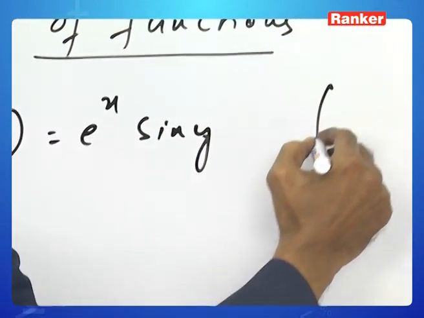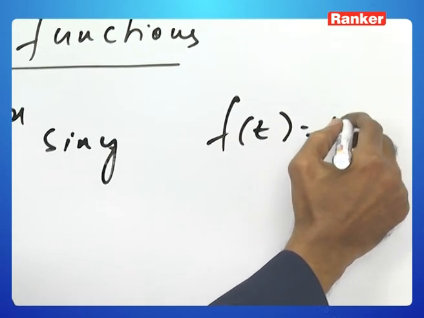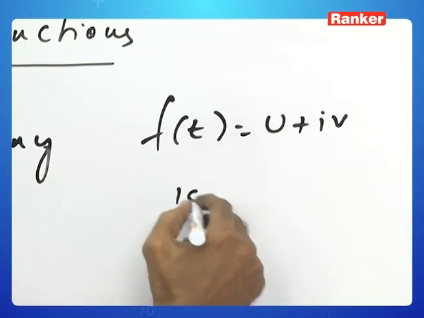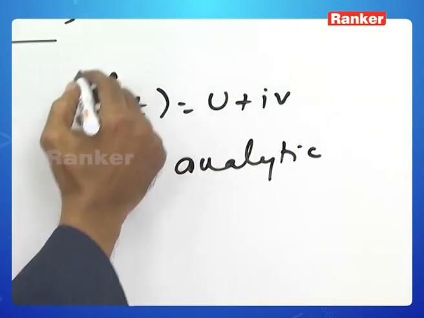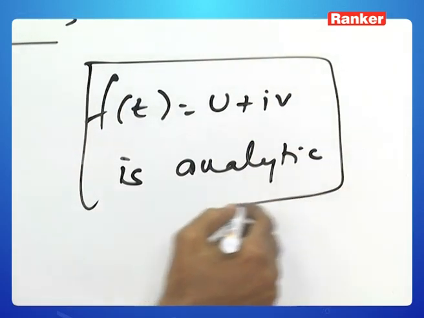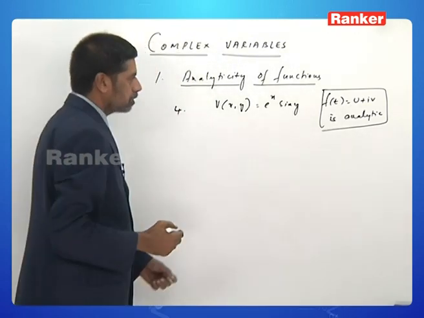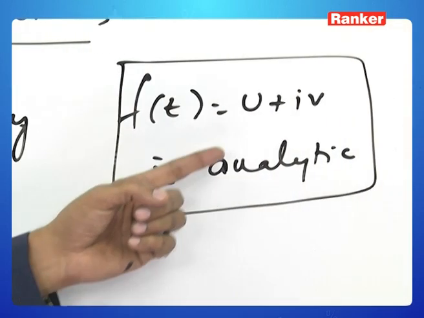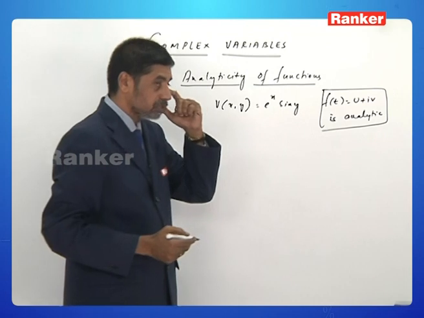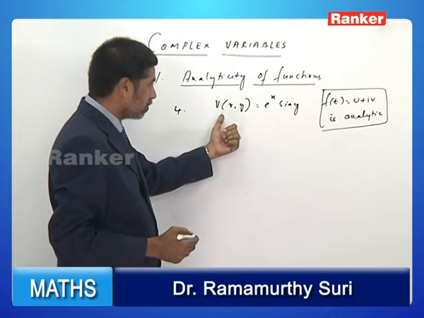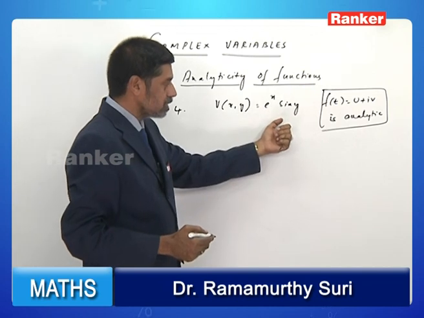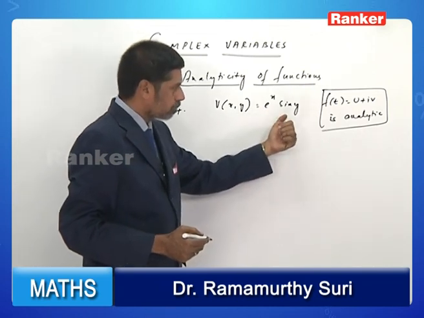So we are given f of z is equal to u plus iv is analytic. As explained earlier, if the function is analytic, u and v are harmonic conjugates of each other, which means because v is given, we must now find out what is u. There are two options for this.